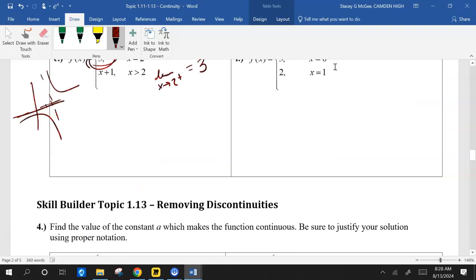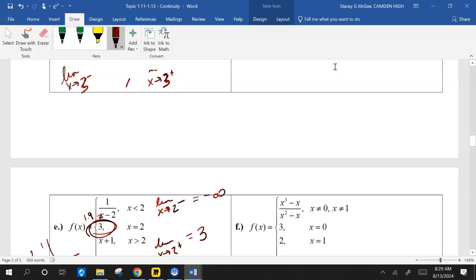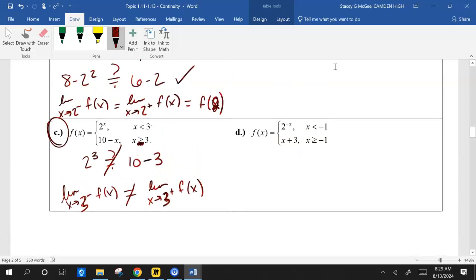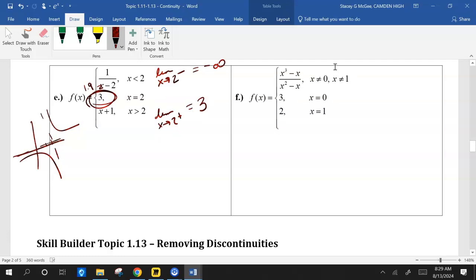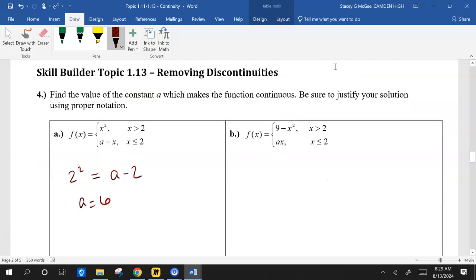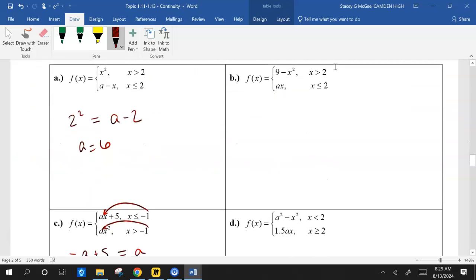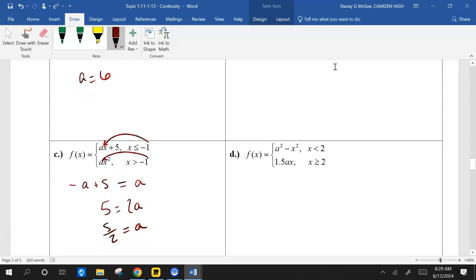Okay, what did you do up here to check continuity? Look at part C. What did you do to see? You just plugged them in, right? And they had to do what for it to be continuous? Equal. So here, same thing. I just plugged it in and set them equal, right?